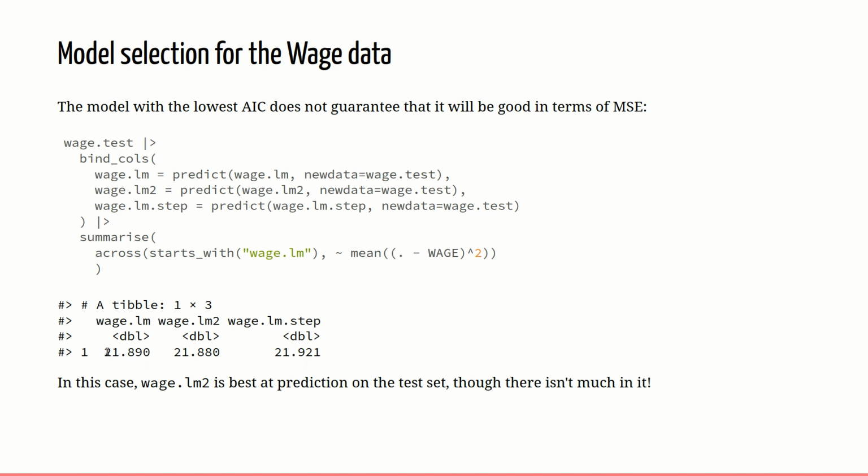Okay, so if you were trying to choose the one that does the best prediction, you'd choose wage.lm2, but there's not a huge amount to suggest that any of them are much better than the others. We'll see if we can do better with different model types in the next lecture.